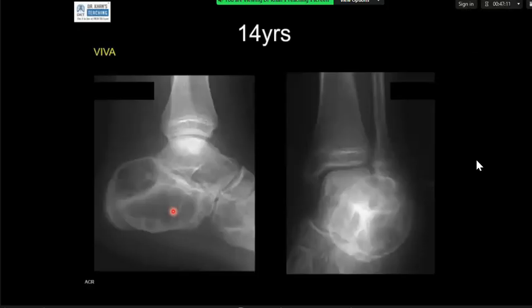Because there are septations and loculations seen within this lytic lesion, it can be an ABC also. Very good thought. Anything else? It can be cartilaginous tumor as well.